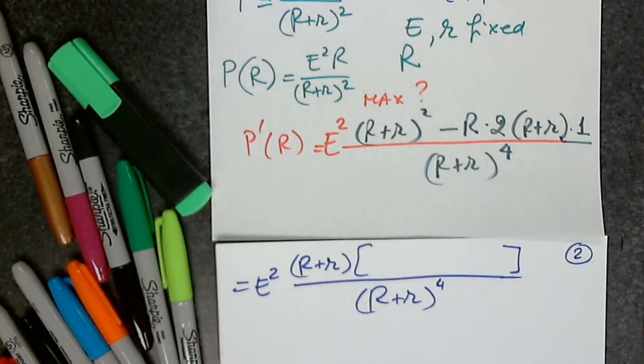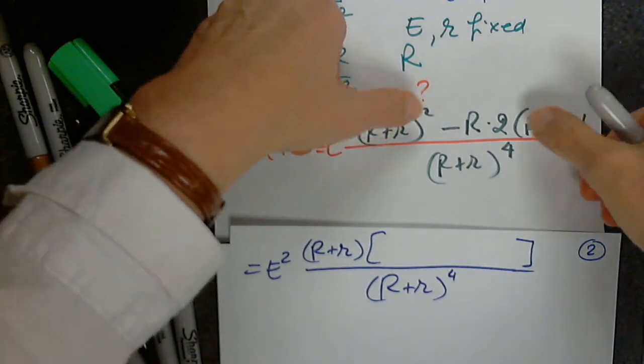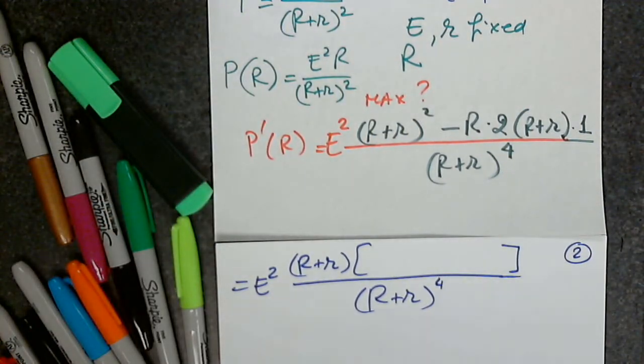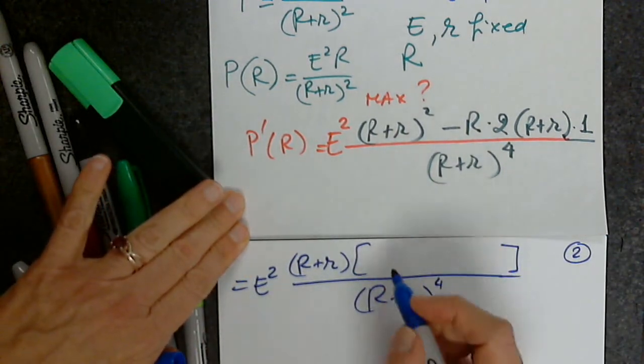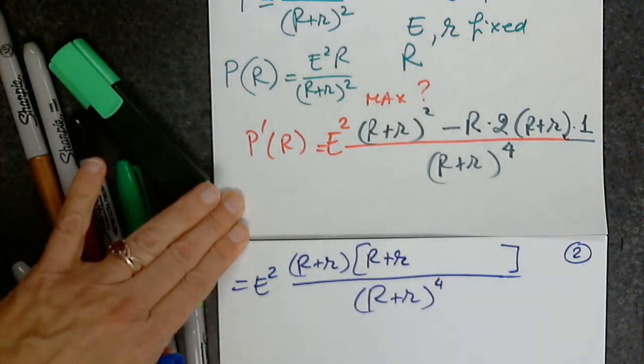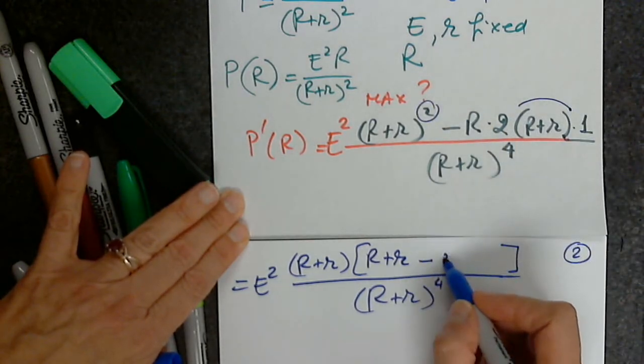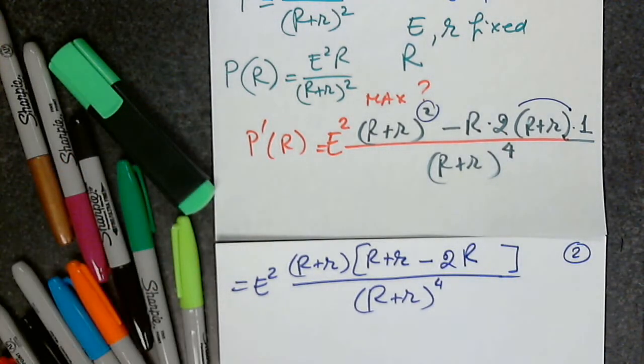So I factored out. I see I have two terms here, and they both have r plus R, right? So then I took one away from the first quantity, and I have r plus R, so one from here, and then minus twice R. Is this okay?